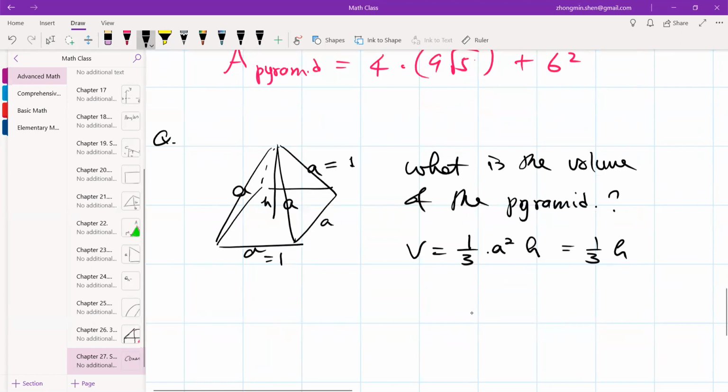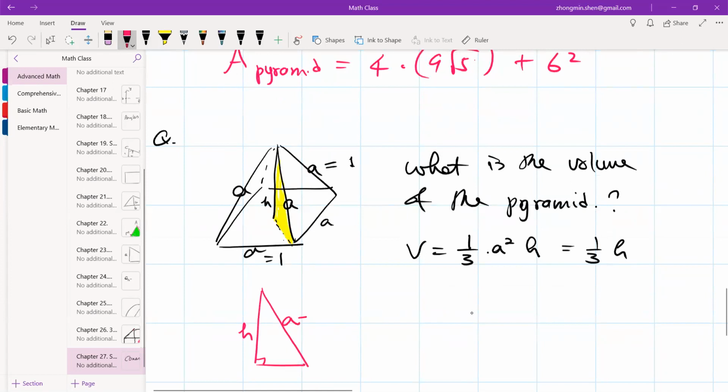To find the height, I prefer to use the following triangle. This triangle is going to be a right triangle, vertically standing there. So let's draw this triangle. This is the height.